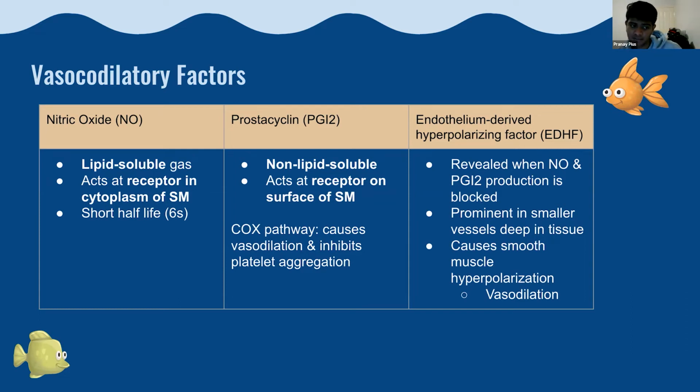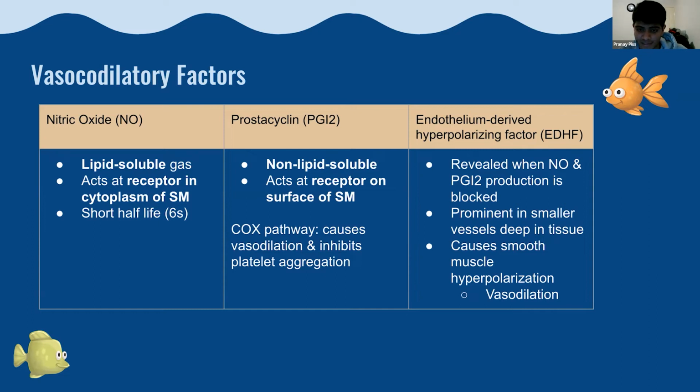Prostacyclin, or PGI2, is non-lipid soluble and acts at the surface receptors of smooth muscle. Basically it inhibits the COX pathway, inhibits platelet aggregation, and causes vasodilation. Oh, sorry, it makes the inflammation occur a bit better.